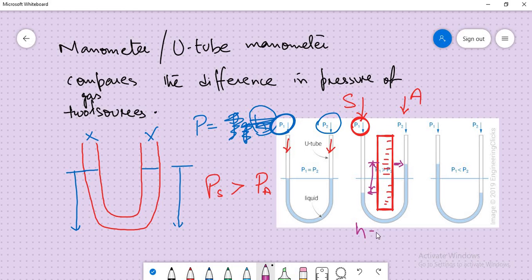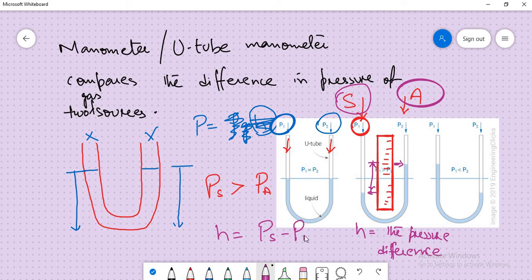So h is the pressure difference. It is important to note that h is not the pressure of the gas source S. It is the difference between the pressure of the gas source S and the air pressure. So h tells you the pressure of S minus the pressure of A.